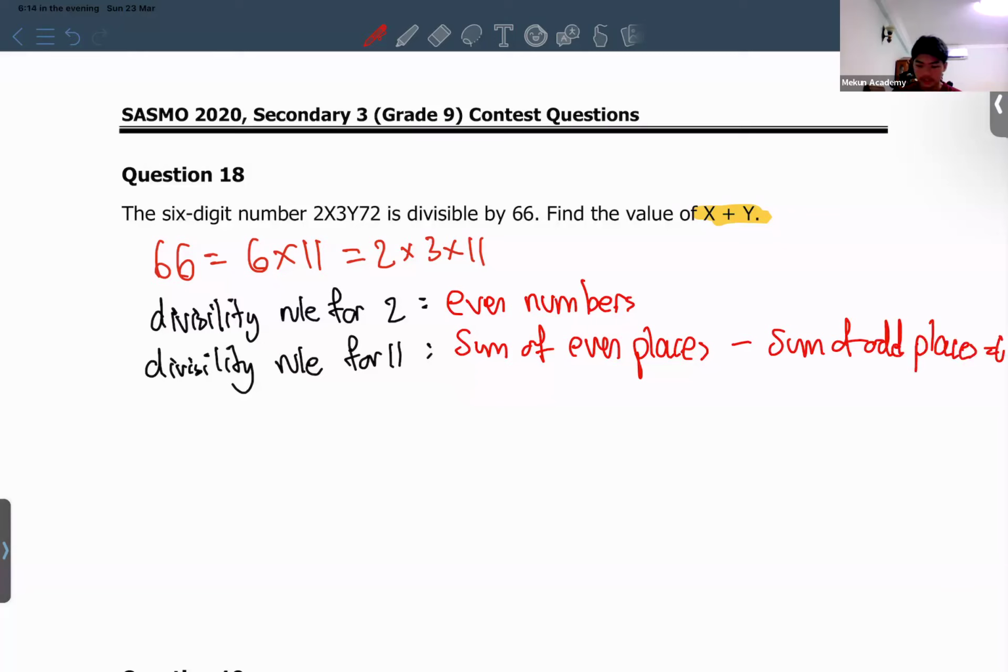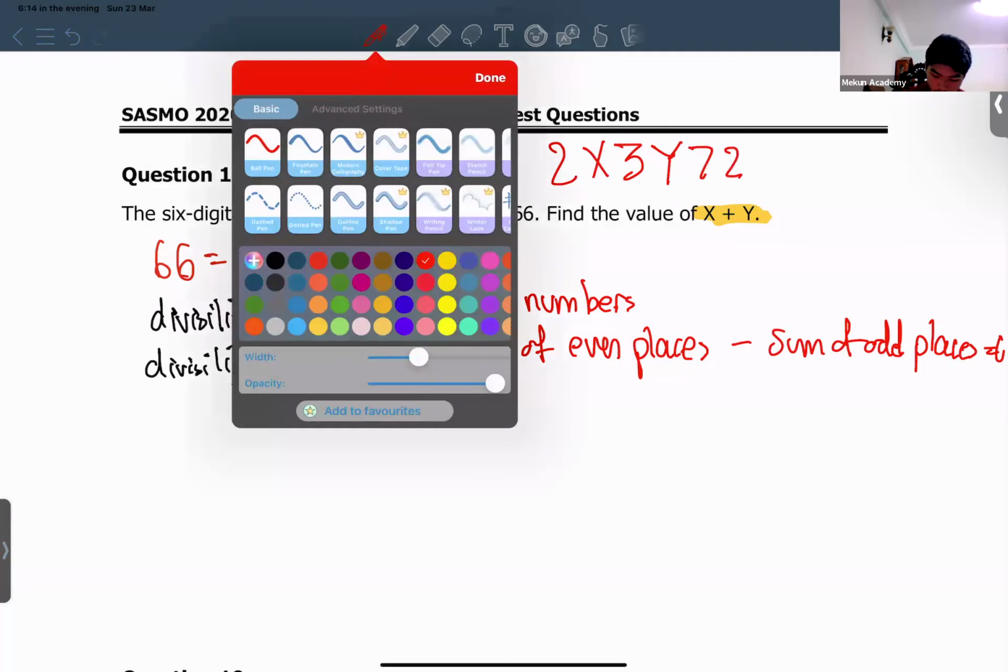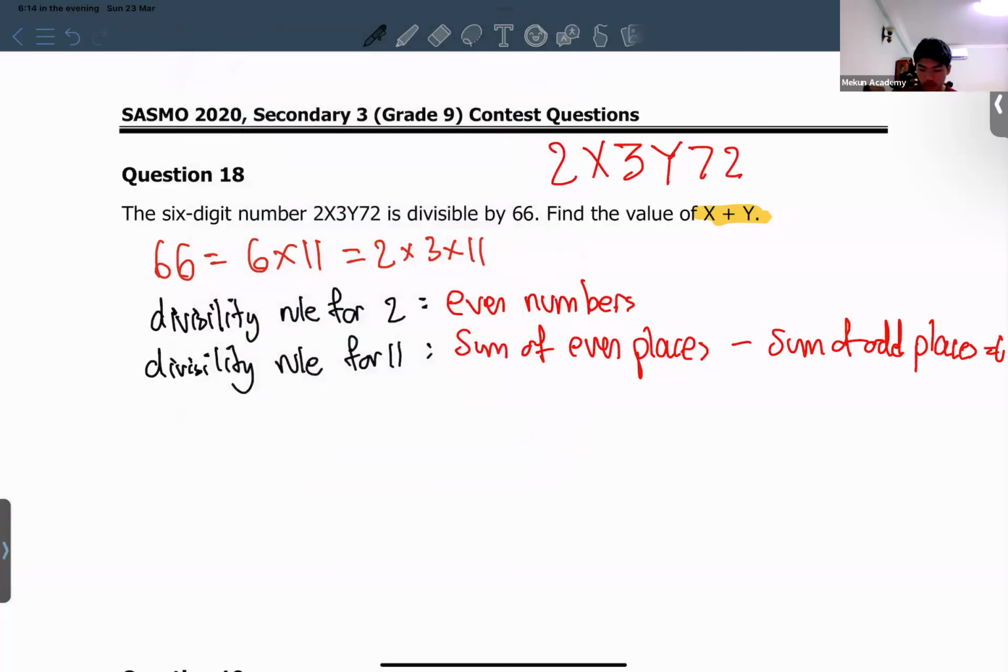So from the divisibility rule of 11, you need to look at the number, which is 2x3y72. You need to look at the sum of even places minus the sum of odd places, or you can do the opposite, the sum of odd places minus the sum of even places.